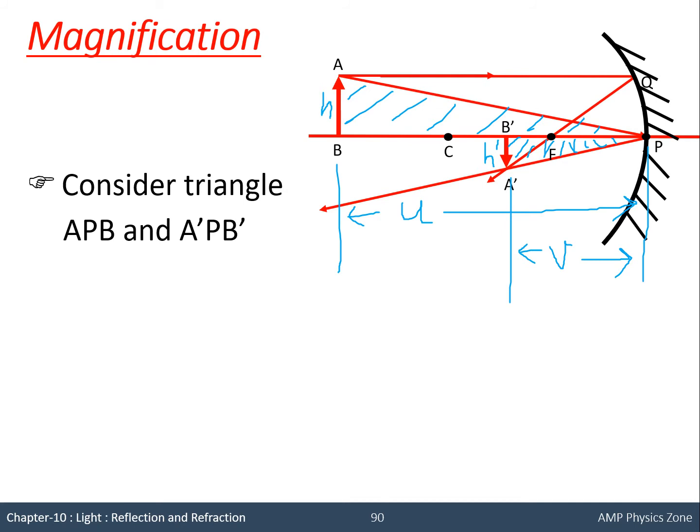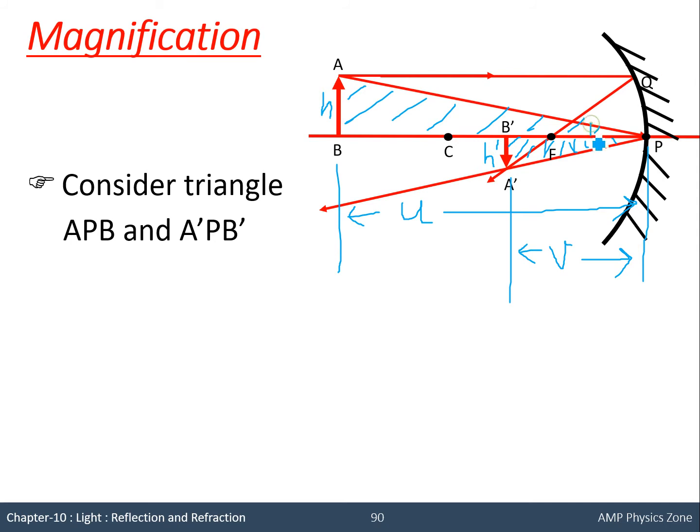In both the triangles we can say that angle B and angle B dash are 90 degrees, and angle P in both the triangles is the same because of the law of reflection. Incidence angle will be equal to angle of reflection.